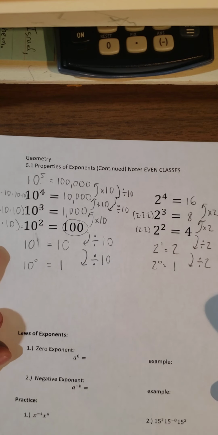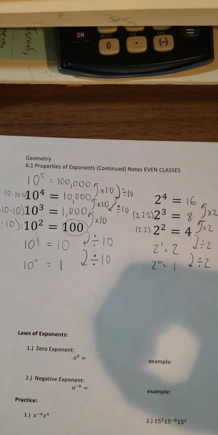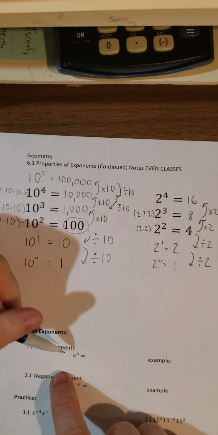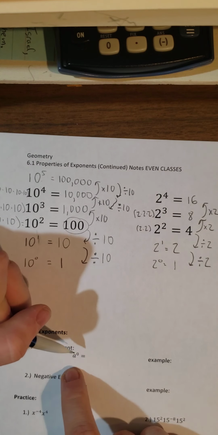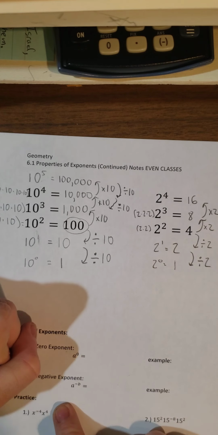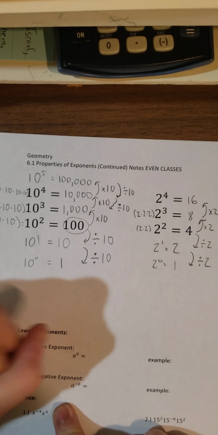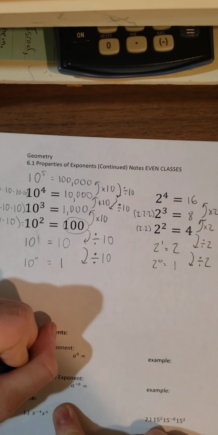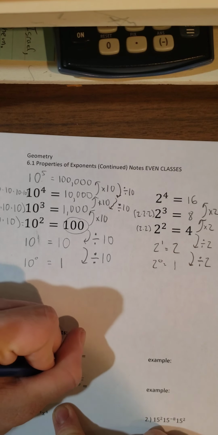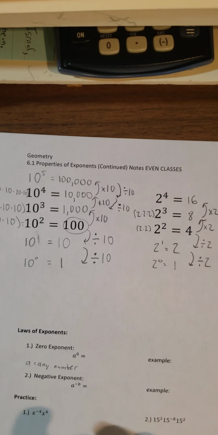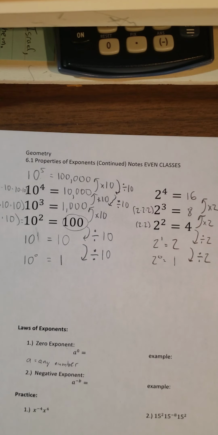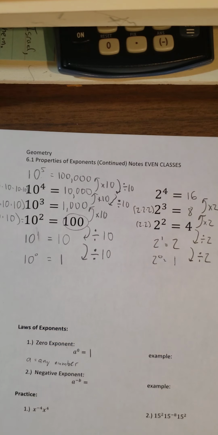So that's our first special case, our first law of exponents that we're learning today. If you look down here, we have a to the power of 0. A just represents any number. So if you have any number and you have an exponent of 0, that's always going to be equal to 1.